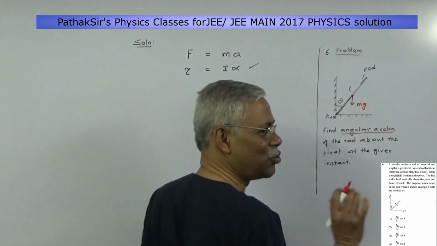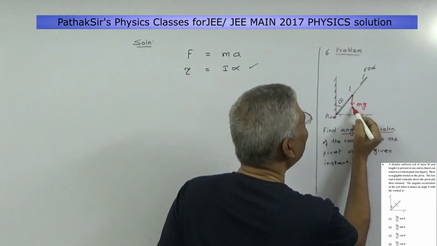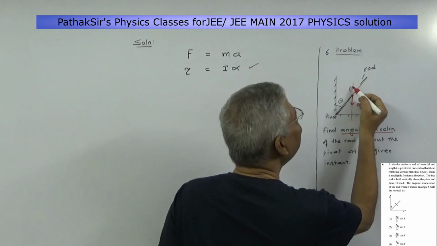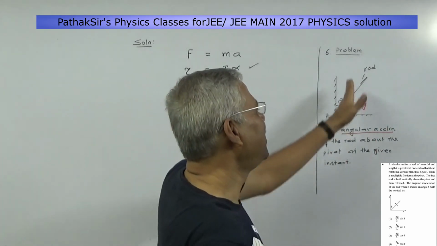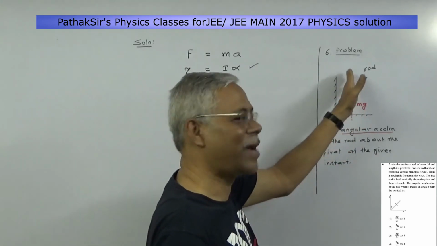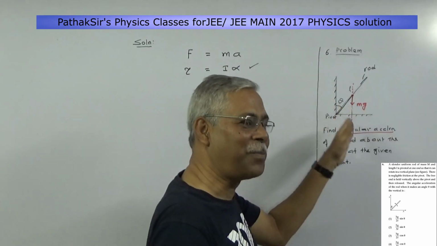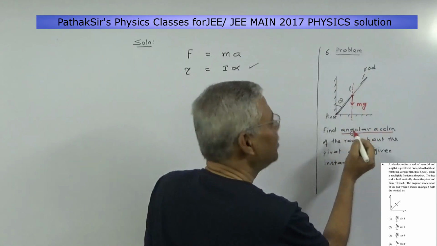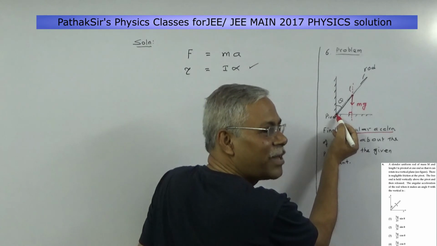Once again, to avoid any confusion, this is the line of action. Every time this comes, I explain this so that there is no confusion. This is what is known as the line of action of the force. Force multiplied by the perpendicular distance of the line of action, from the axis of rotation.